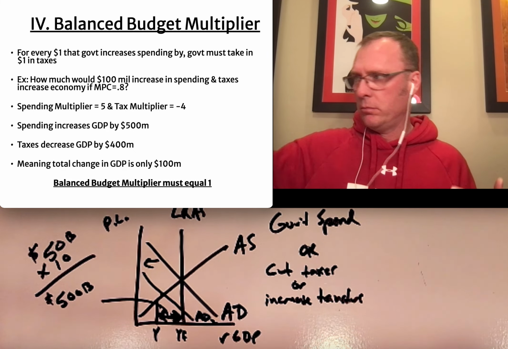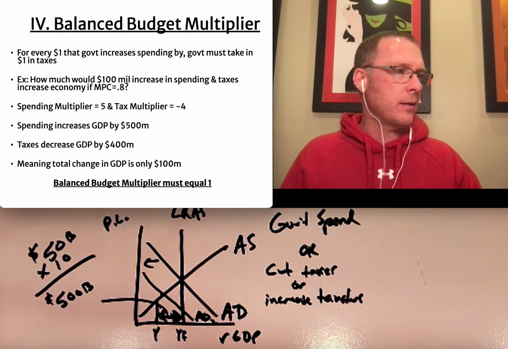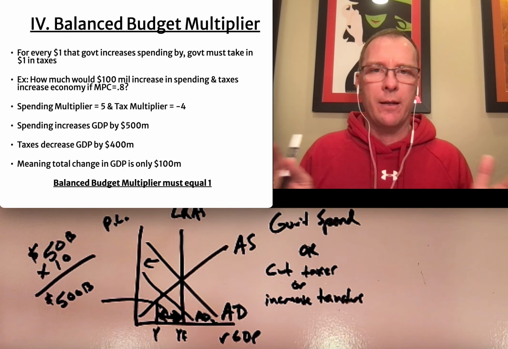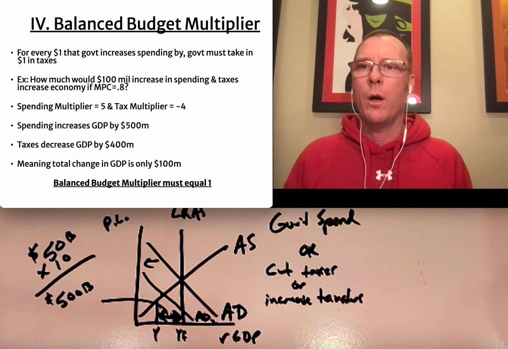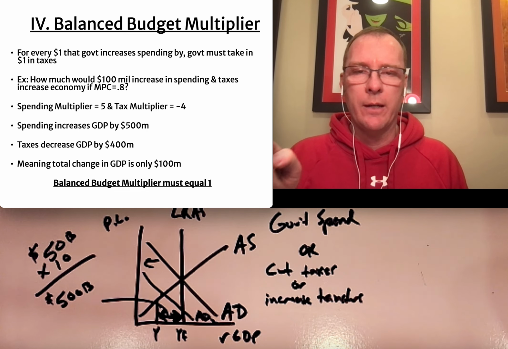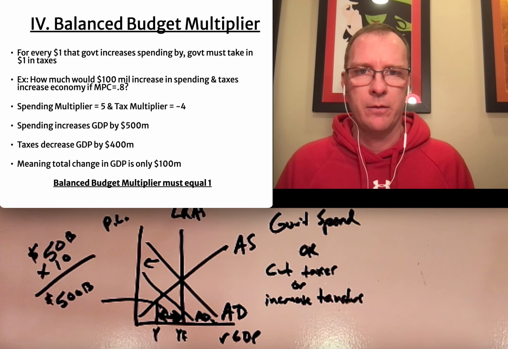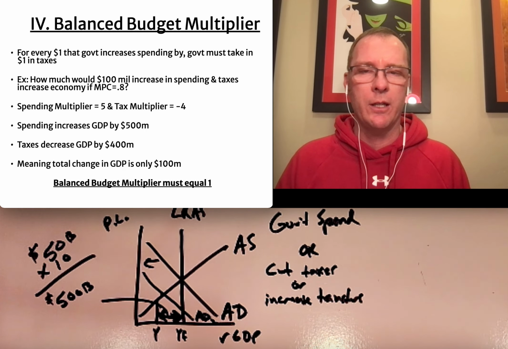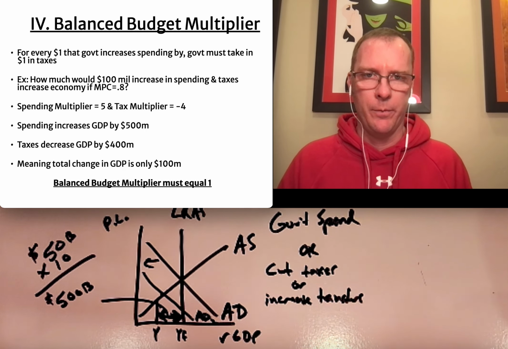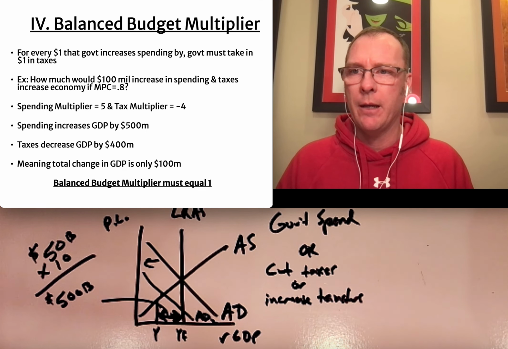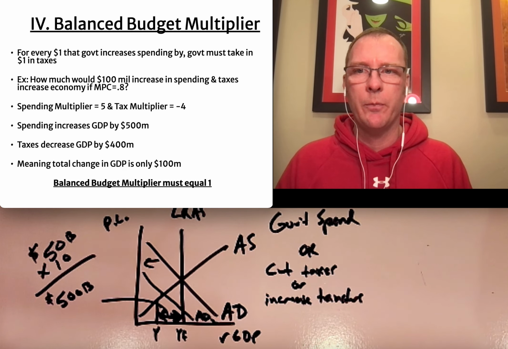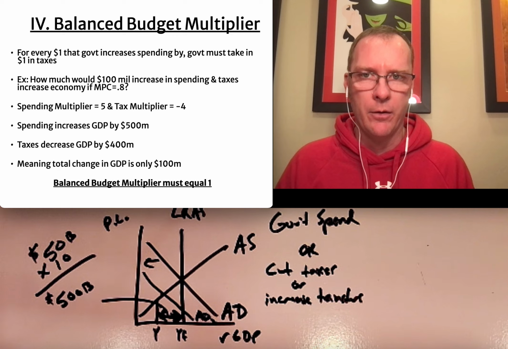And they don't have as much because it's coming back in taxes, right? For how much I can consume. So spending is going to increase GDP by $500 million. But the taxes will decrease GDP by $400 million. Meaning there's a total change in GDP of $100 million.